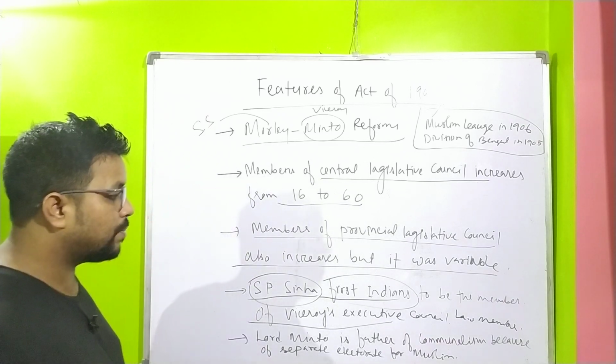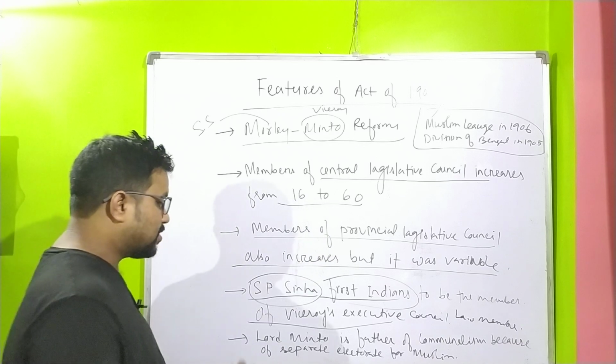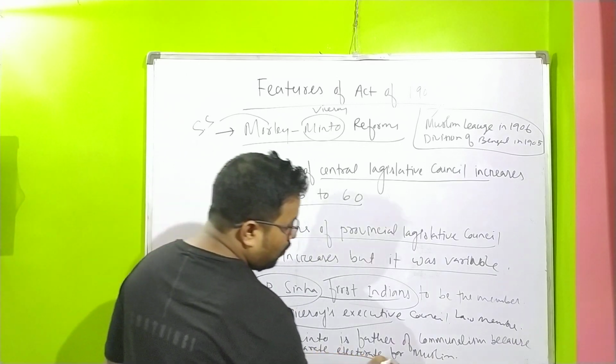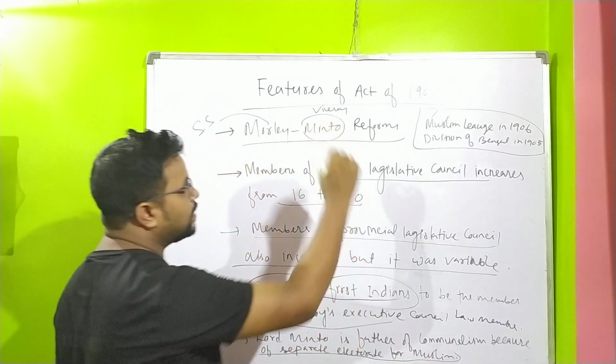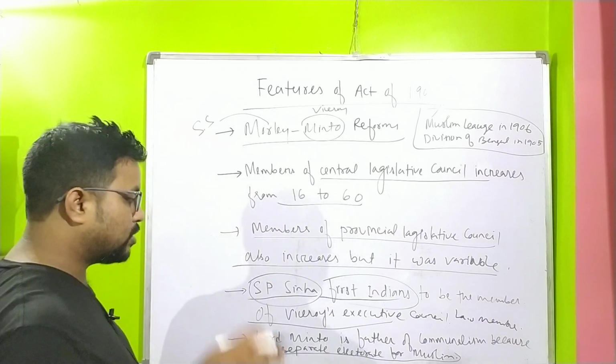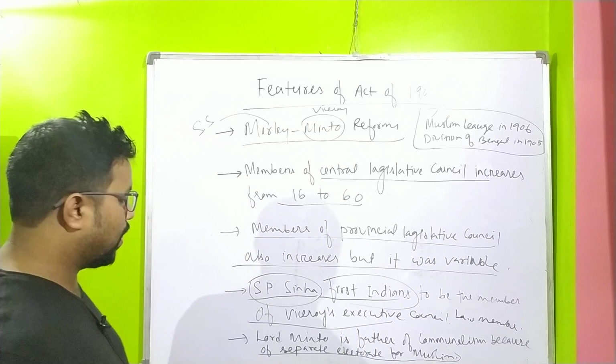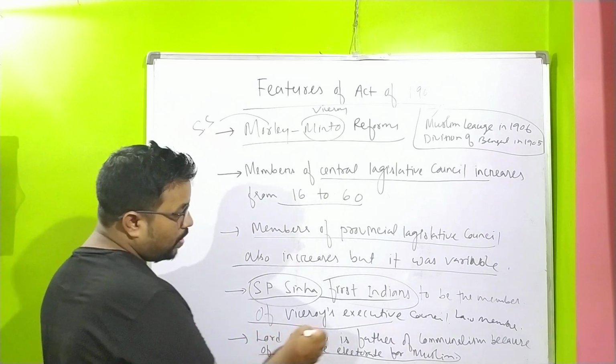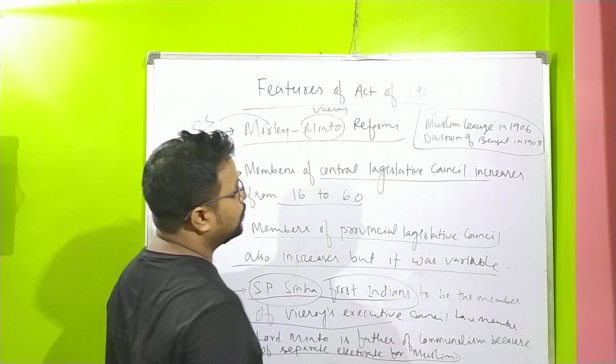Lord Minto is known as the Father of communalism, because in 1909 a separate electorate for Muslims was given.